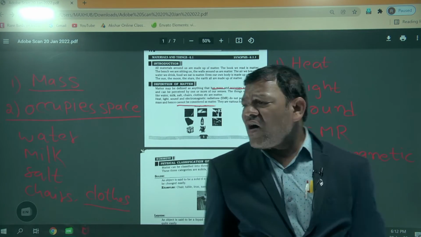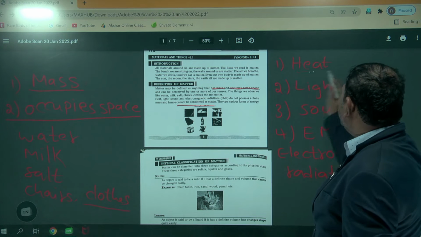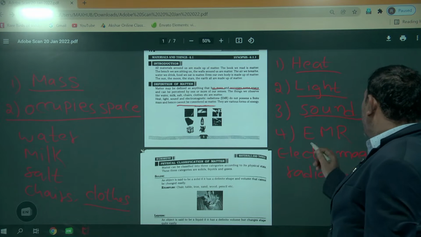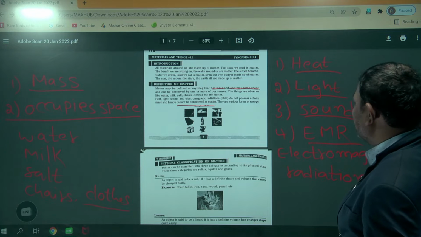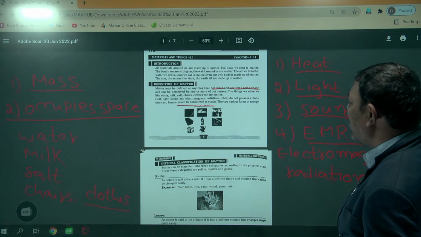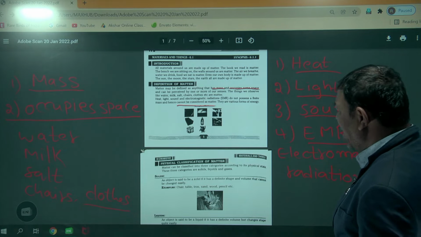These are forms of energy. Heat is energy, light is energy, sound and electromagnetic radiation are all various forms of energy. These are not matter.